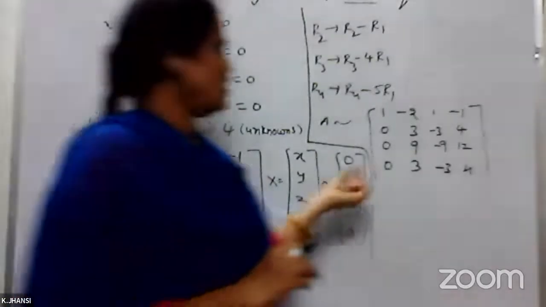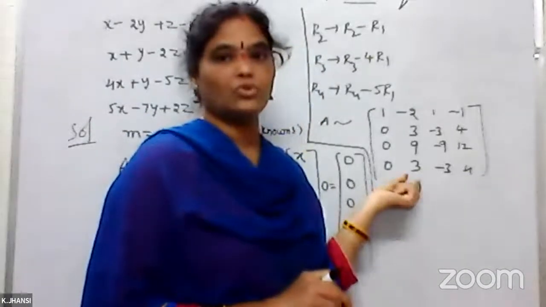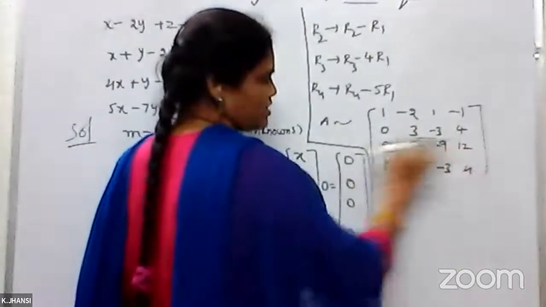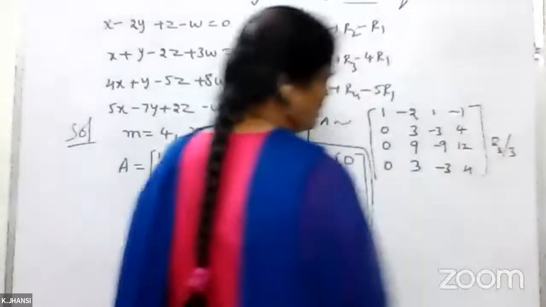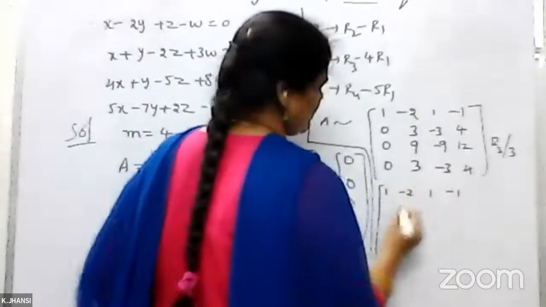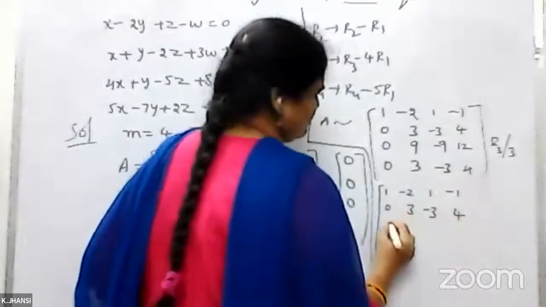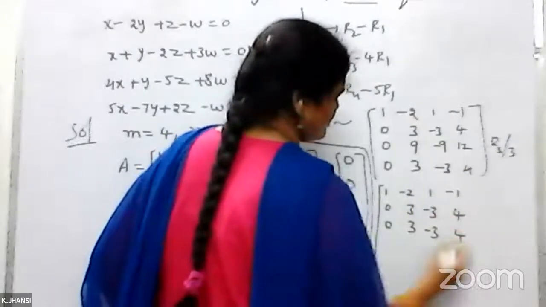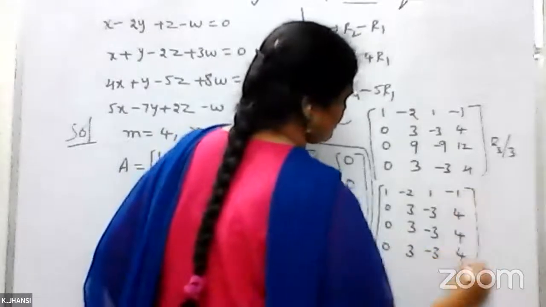Now you have to make the last rows 0. Before that, we can divide the third row, R3, by 3. So the rows will be 1, -2, 1, -1; 0, 3, -3, 4; 0, 3, -3, 4; and 0, 3, -3, 4.